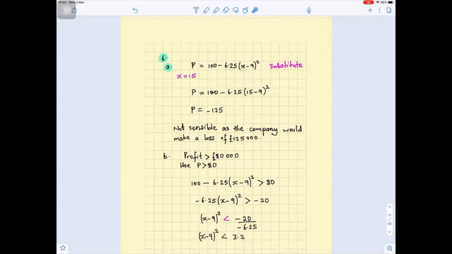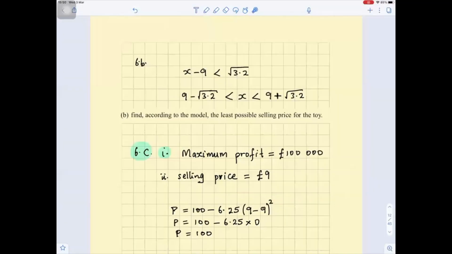And that will give x minus 9 squared is less than 3.2. So we take the square root to the other side. So x minus 9 is less than square root of 3.2. So if we add 9 to both sides, that means 9 minus square root of 3.2 is less than x, less than 9 plus square root of 3.2.